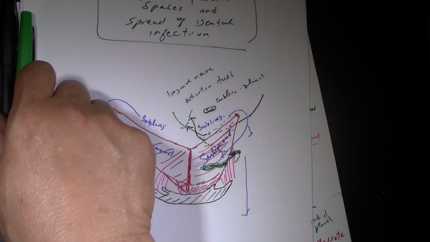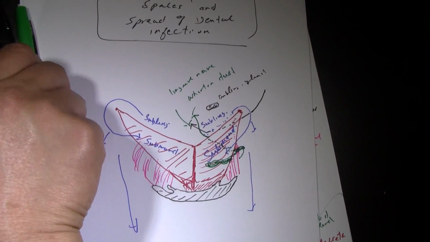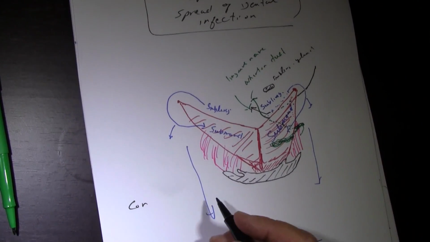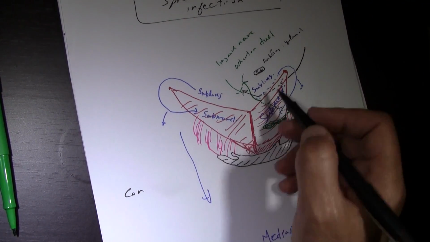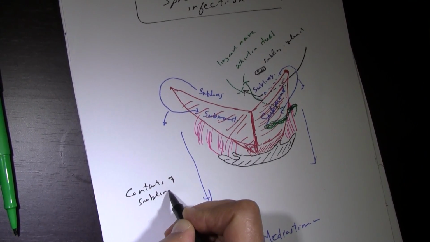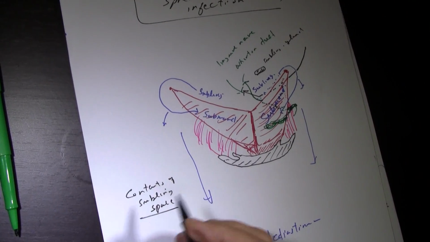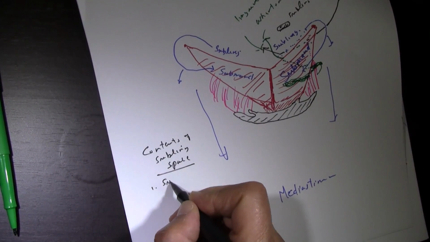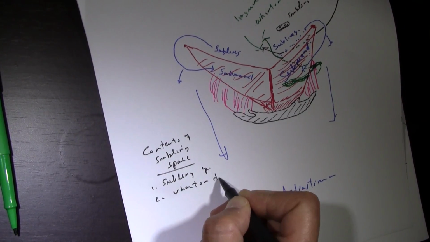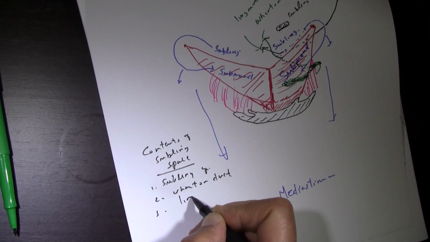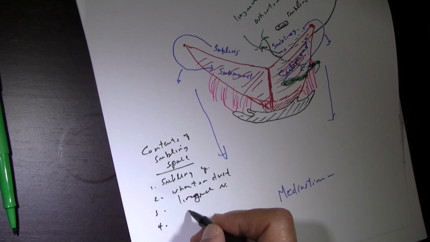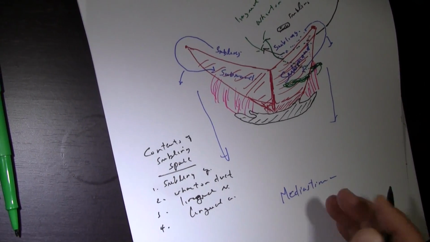So again, the contents of the sublingual space, because this helps you to understand the symptoms and signs of infection in the sublingual space, are going to be the sublingual gland and duct, Wharton duct, lingual nerve, and terminal branches from the lingual artery and vein.